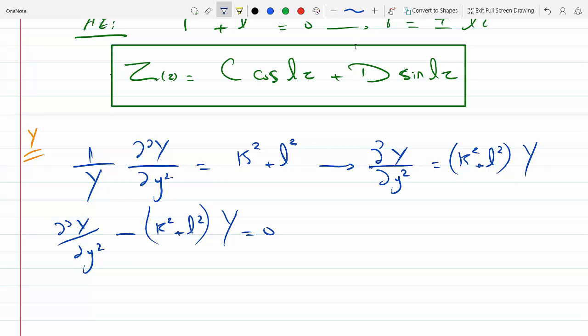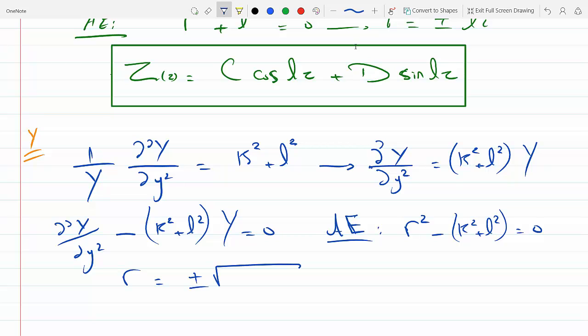Second order, homogeneous, linear. So the auxiliary or characteristic equation will get you r squared minus k squared plus L squared equals 0. So r is plus or minus the square root of k squared plus L squared.